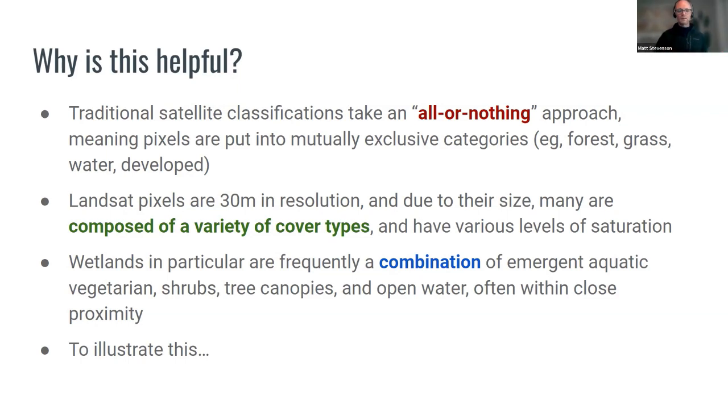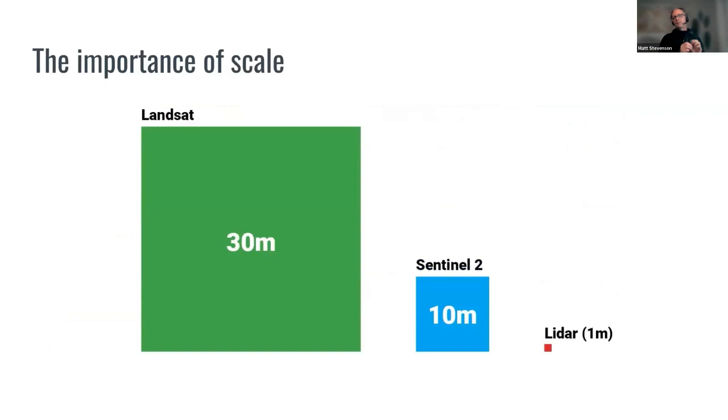So to illustrate this, this is a set of resolutions to scale for Landsat, the giant green pixel, Sentinel-2, the blue pixel, and then LiDAR, the red pixel. So my house is about 30 feet on a side. It looks kind of like a Monopoly house. And it's a little bit smaller than the 10-meter pixel.